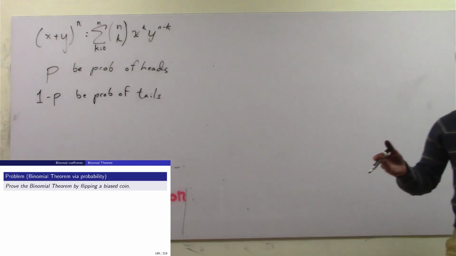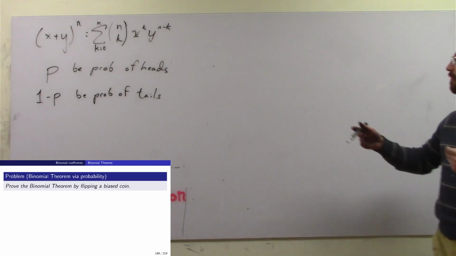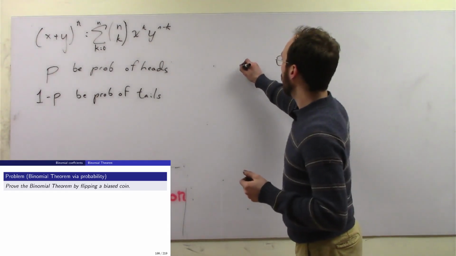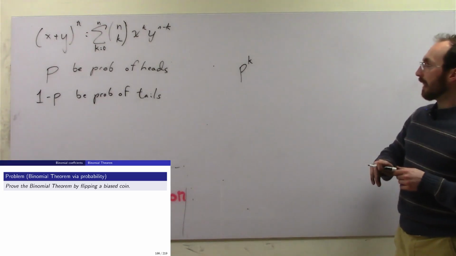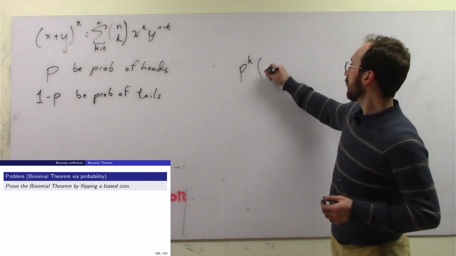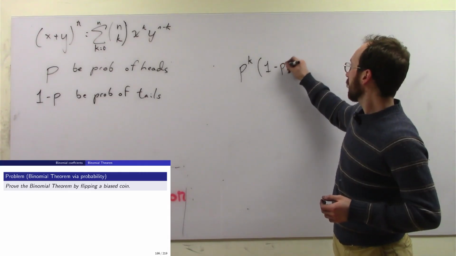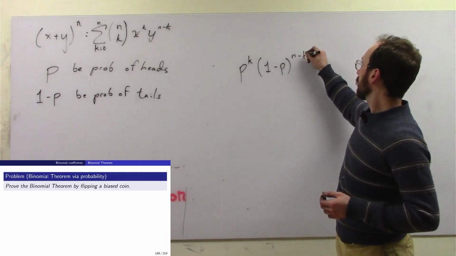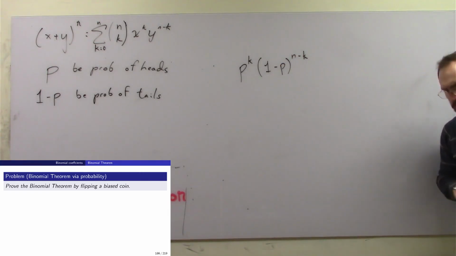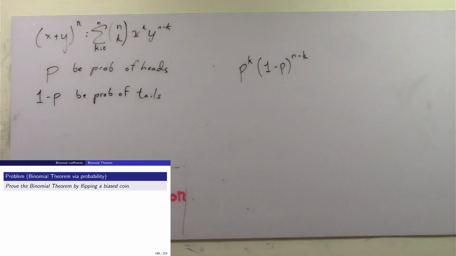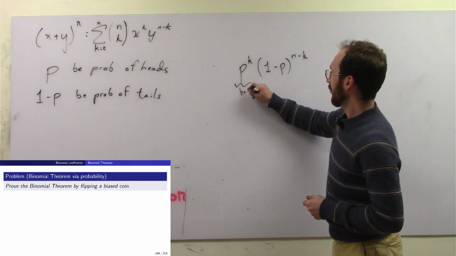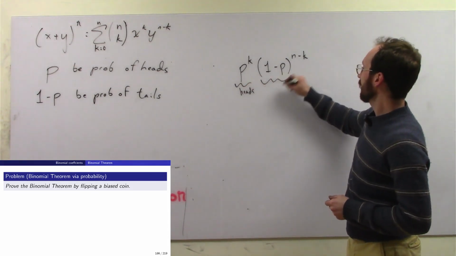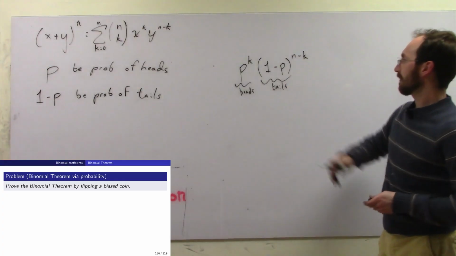Let's say I get heads in the first k flips, and then I get tails the rest of the time. Sorry, I keep saying heads, so apologies.